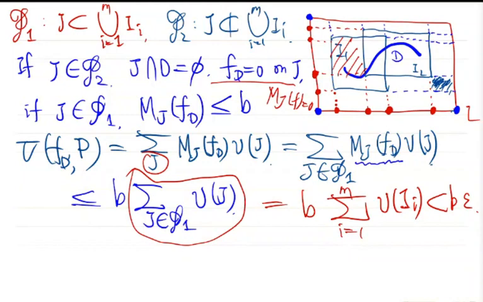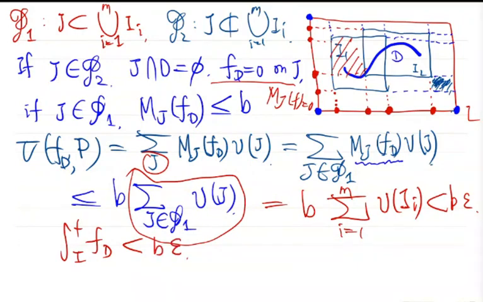We can find a partition P of the rectangle I such that the upper sum of fD with respect to that partition is not greater than b epsilon. So the upper integral of fD over the rectangle is not greater than, in fact is strictly less than, b epsilon.